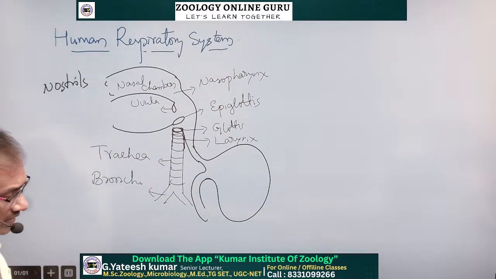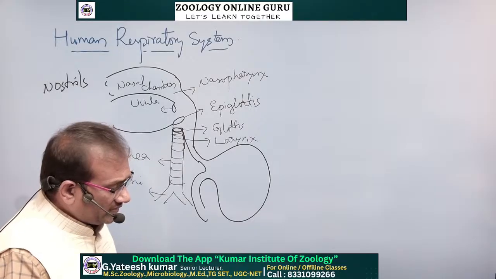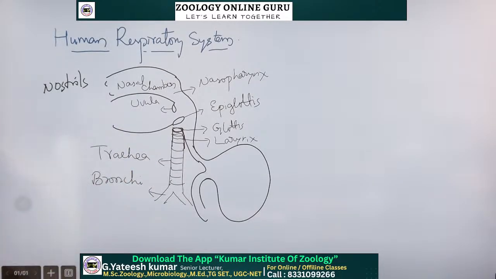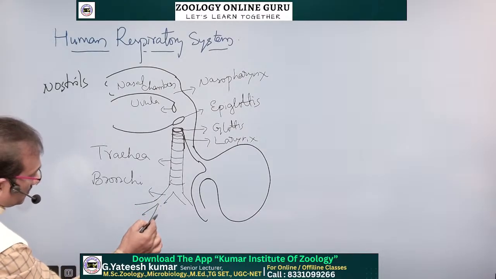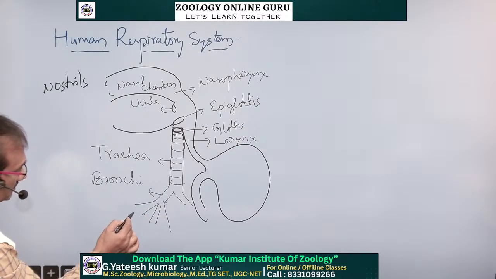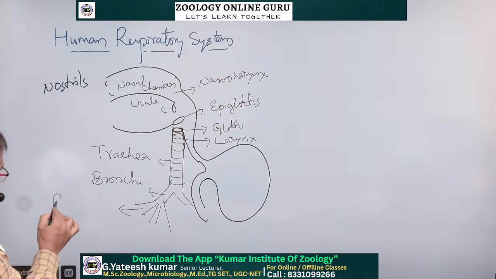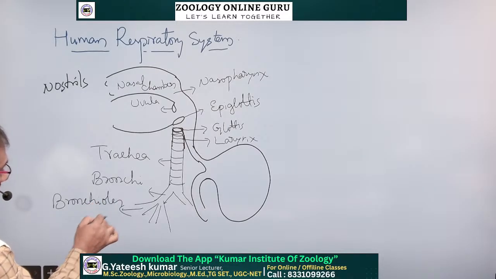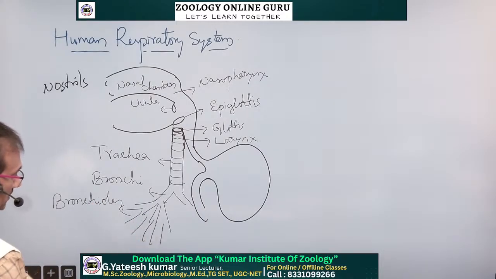Here there are some electricity problems and also internet problems, so somewhat interruptions are there. Okay, the bronchi divide into the smallest branches called bronchioles. There are primary bronchioles, secondary bronchioles, tertiary, like that.